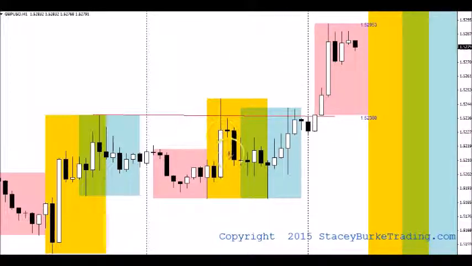The market then, as we headed into the US session, potentially was seeing support at that 52.05 level.